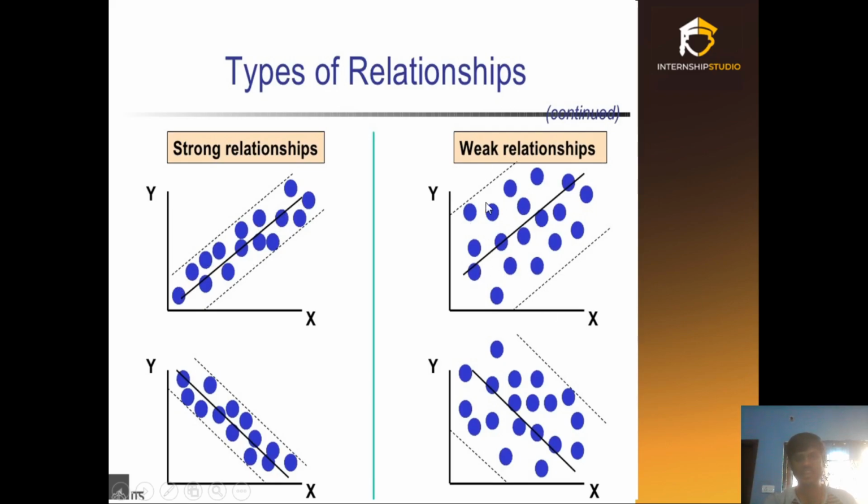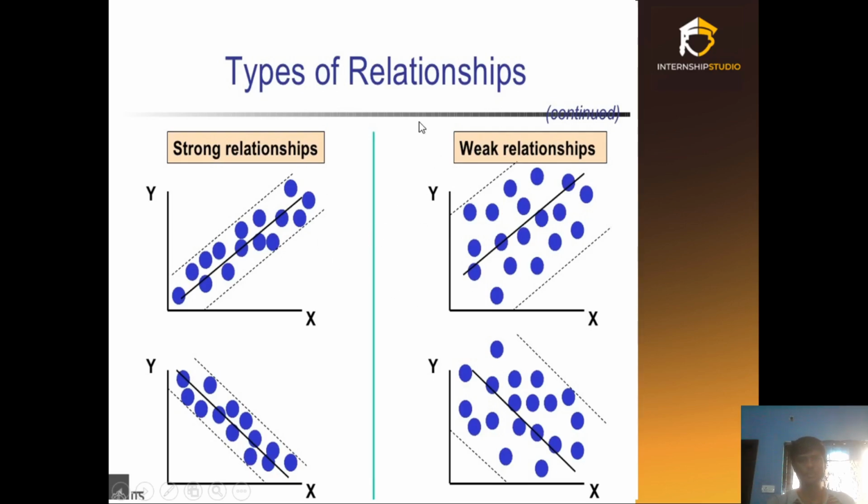The samples are scattered across and not tight, so even fitting a linear model is not an easy deal here. The samples are scattered across, which is a bit difficult for us, and even the error we are speaking of will probably be higher here compared to the tighter relationship.